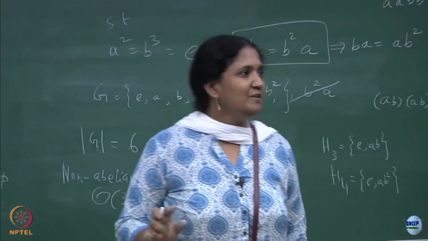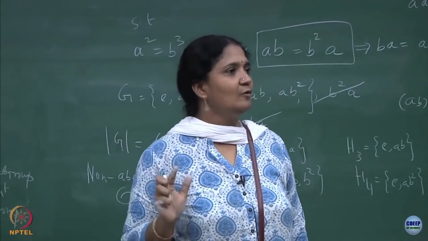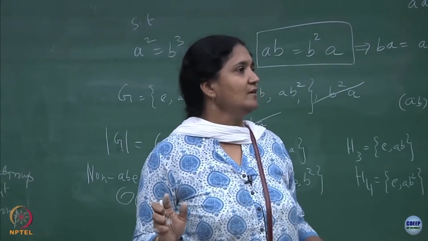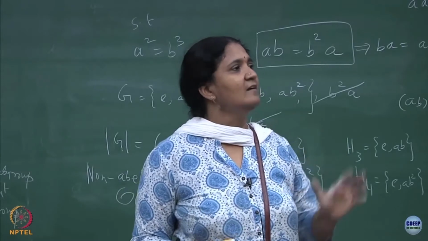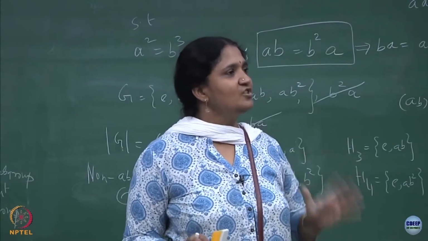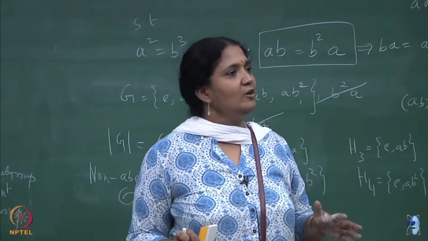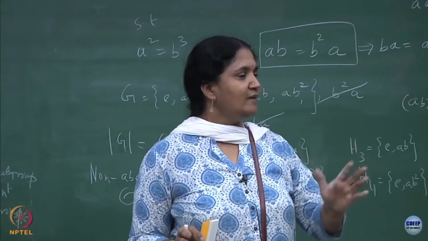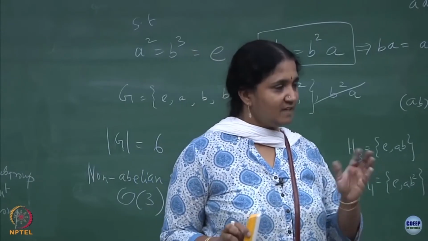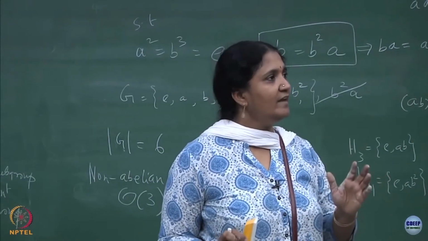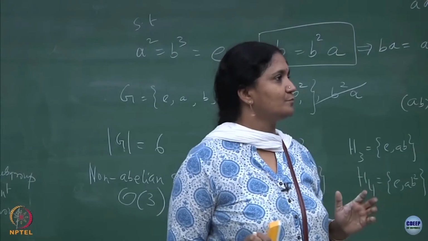From now on, let me just confine to left cosets and I will call them cosets. But remember that left coset and right coset in general will not be equal. If they are equal for all the cosets, then you call that subgroup an invariant or a normal subgroup.